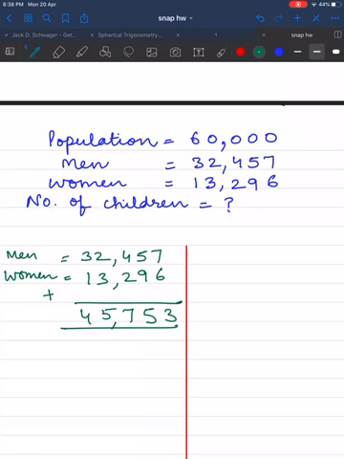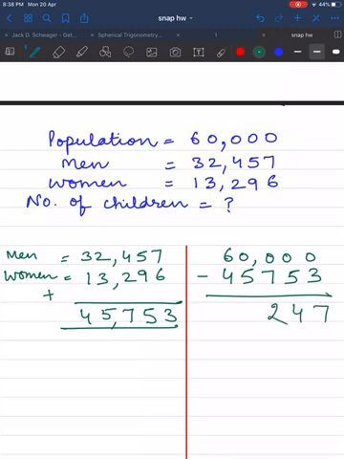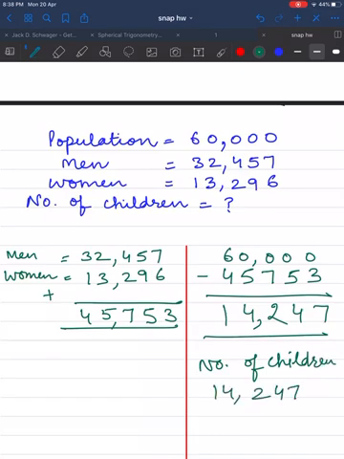Now from the population, we have to subtract the number of men and women together. So 60,000 minus 45,753 gives us the number of children. So on subtracting, we get 14,247. So these are the number of children. So number of children is 14,247.